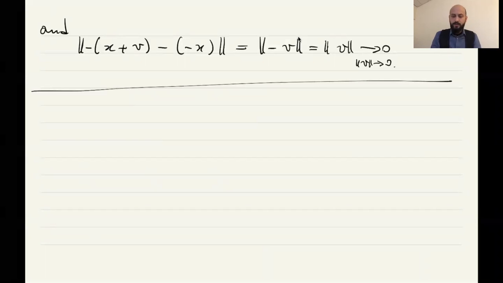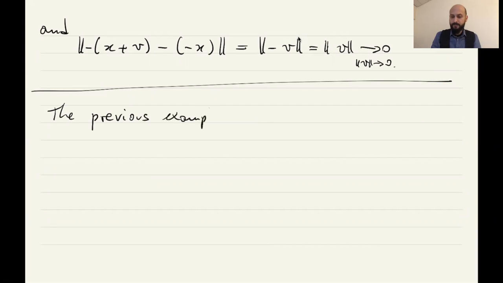So the previous two examples, the vector spaces, are commutative groups.